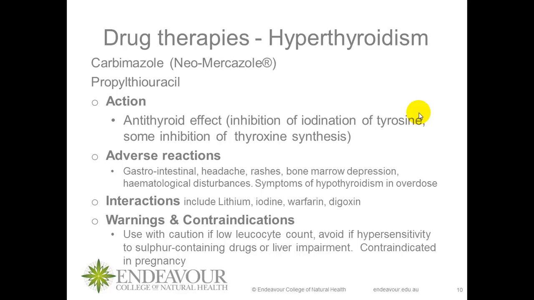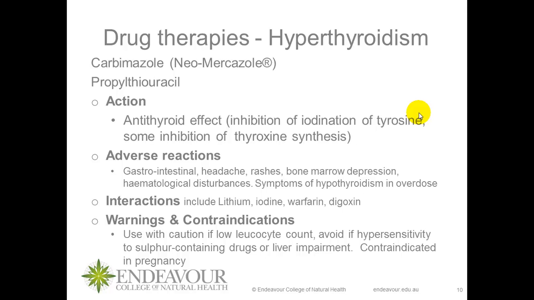You would then guess from the warnings and contraindications that they are used with caution in anybody that already has a low leukocyte count because they will cause further bone marrow depression. There are some people who show a hypersensitivity to sulfur-containing drugs. Carbimazole and propylthiouracil will also show the same sort of hypersensitivity, and if the person was hypersensitive to something, say trimethoprim-sulfamethoxazole, an antibiotic, these drugs might be used with caution or avoided in such a person.